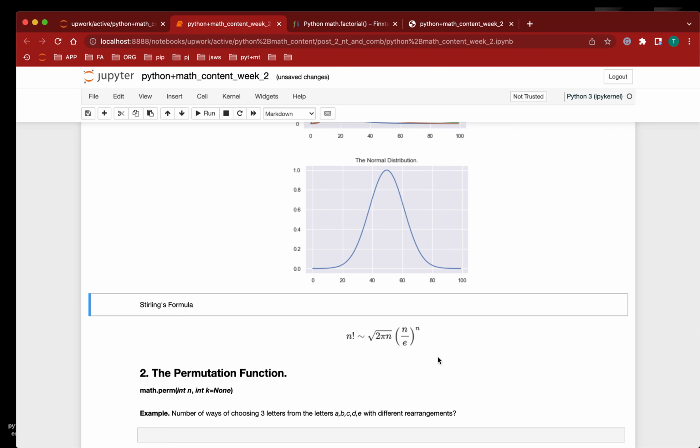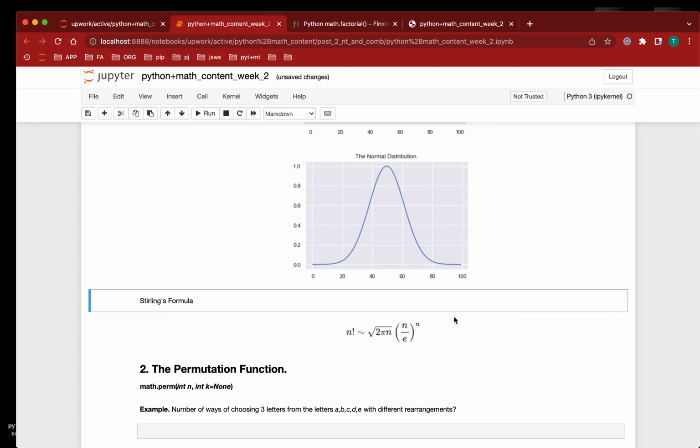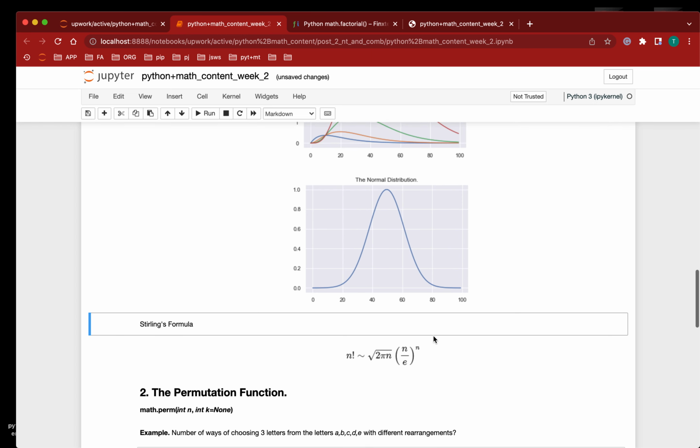If you want more details on this, please look at my math.factorial article on the Finxter blog. I would only like to point out that these things exist and that they're very cool.